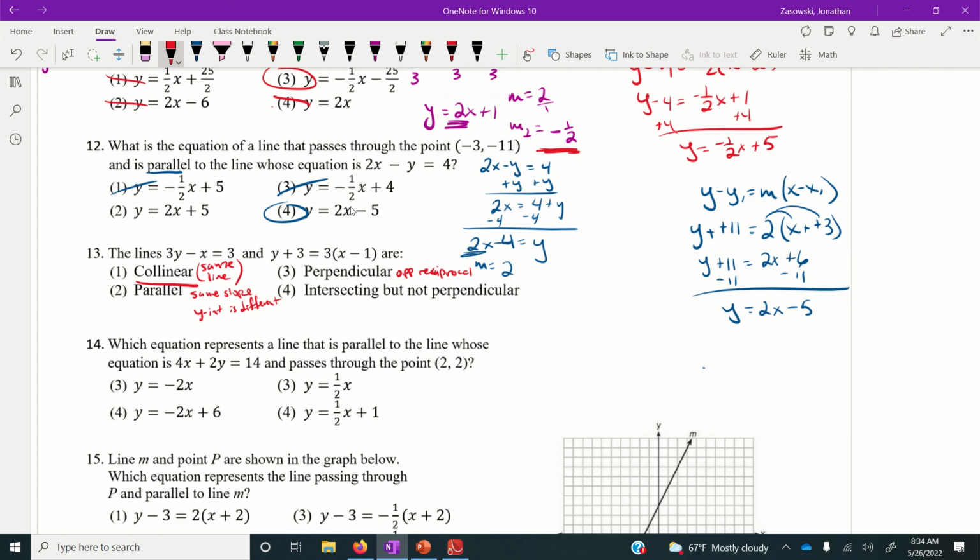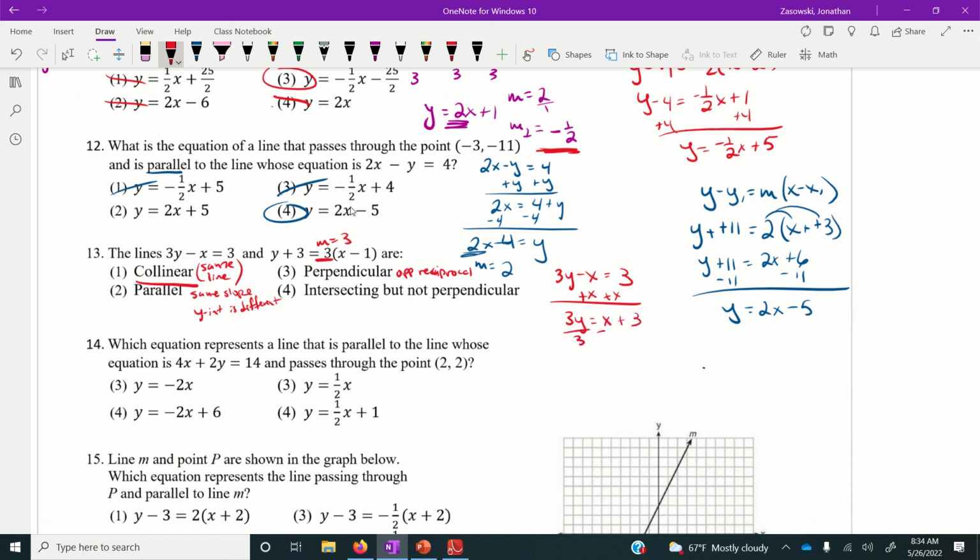All right, so we already know that this is in point slope form, so this slope is just 3. We don't have to do any work for it. However, we have to do a little bit of work over here. So let's go 3y minus x is equal to 3. We can go ahead and add x to both sides. We're going to get 3y is equal to x plus 3.